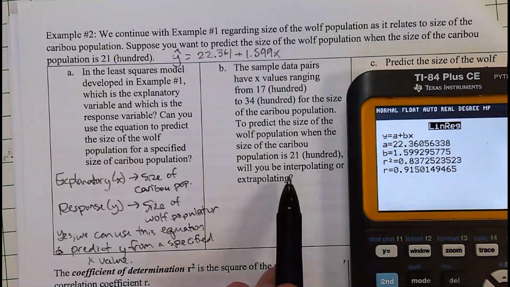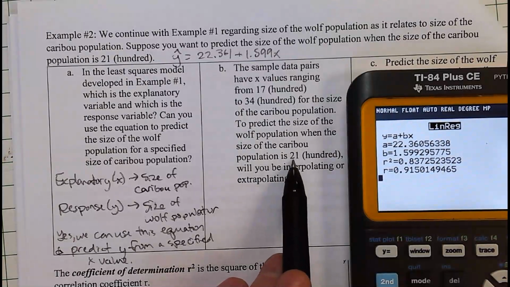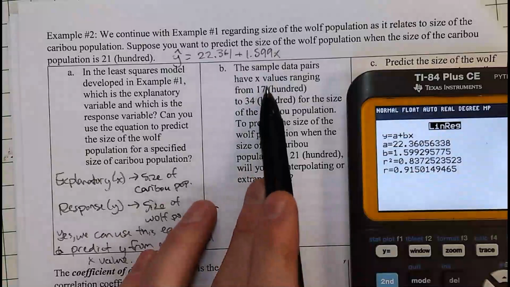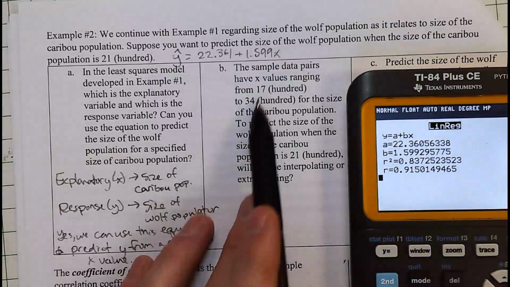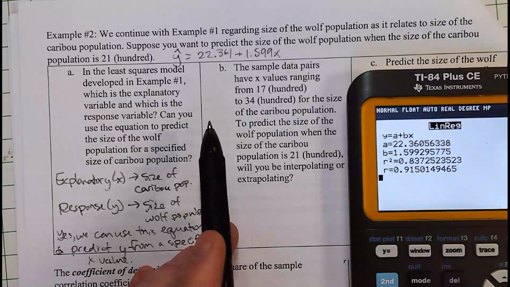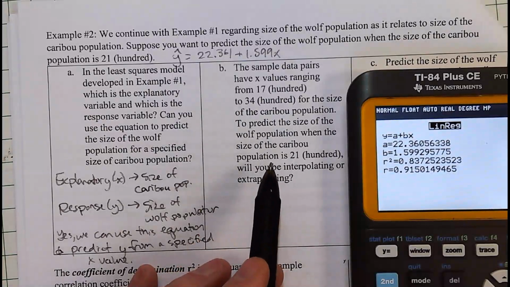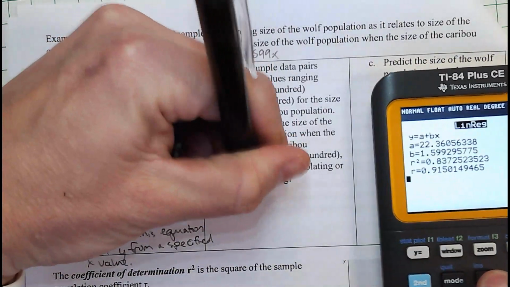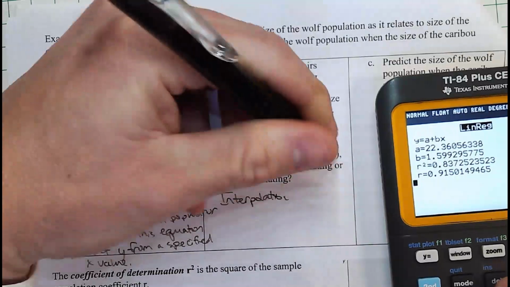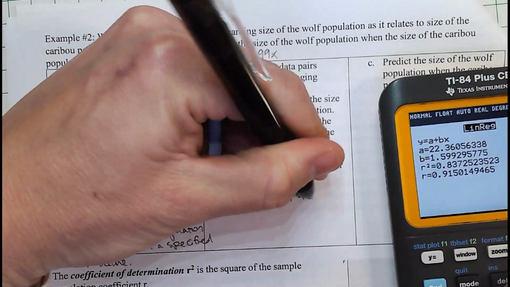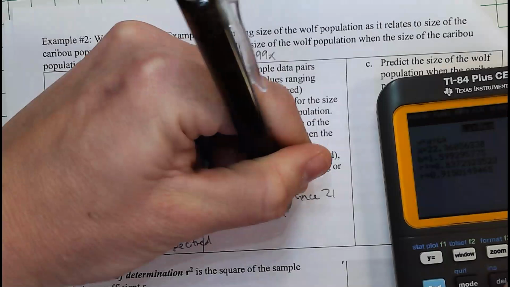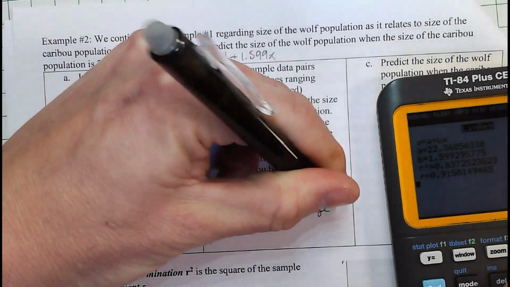Now, what we do is if we're trying to evaluate for a value, we see if the value we're wanting to plug in is contained in this range of x values. Is 21 in between 17 and 34? Yes. So it's inside that range. So we're going to call this interpolation, since 21 falls within the range of x values.